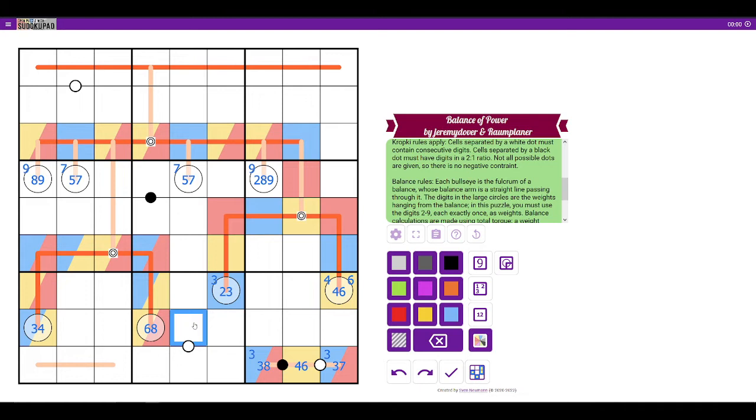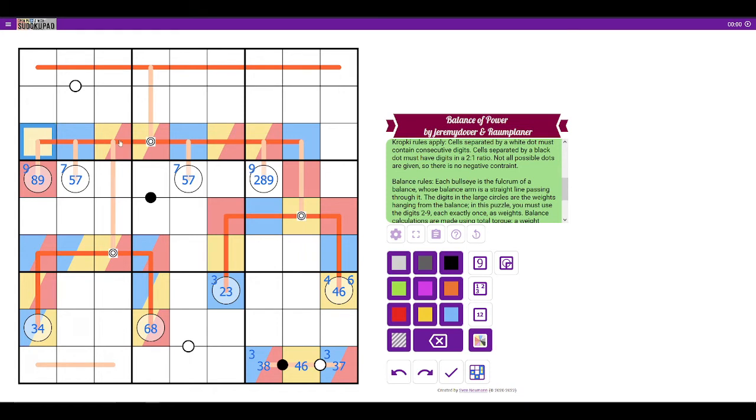So whatever this is must be this, in terms of parity. This is red.